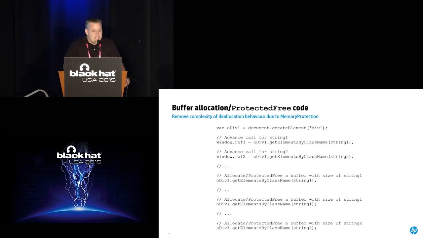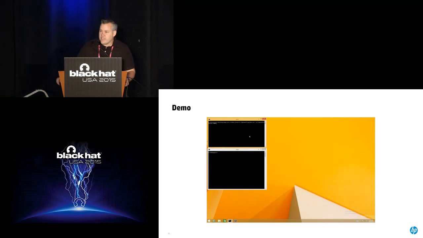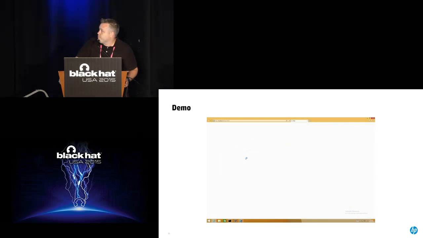And then after that, every time we call get elements by class name, it will allocate a cstir and then call protected free on that arbitrarily sized object. So we can manipulate the wait list and the heap. What we're going to show you here is a demo video of a use after free vulnerability that we had, using the techniques that we just talked about with memory protection, along with the isolated heap techniques, to gain control of the EIP register and clear up all the challenges that existed from memory protection.